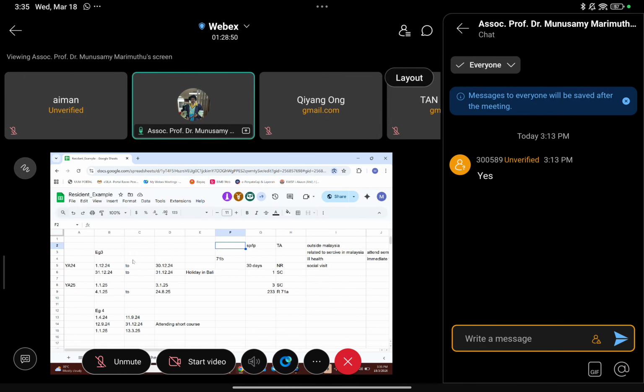It forms part of the calculation of the number of days. Okay, now look, first of all, make sure it's consecutive, 30 December, and 31st December is linked to 1 January 2025. So we have 3 days here, we have 1 day here, and this is Bali holidays.